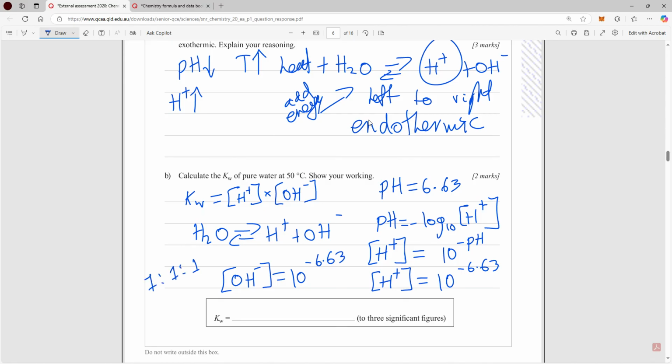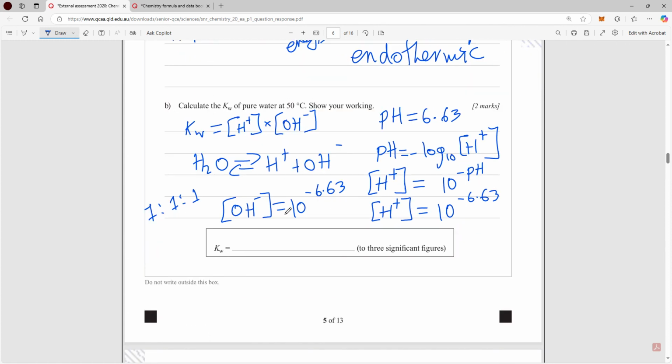Okay. All right. So now we know that we can work out Kw because we know the concentrations of both of these ions. Yeah. So Kw will be just this number squared.